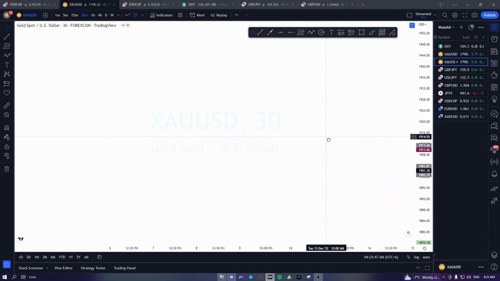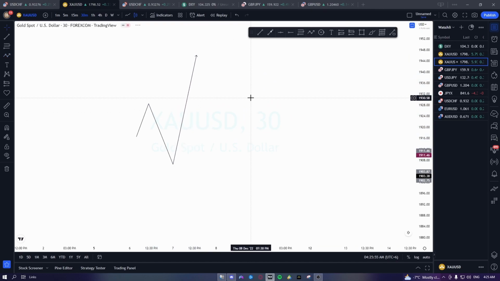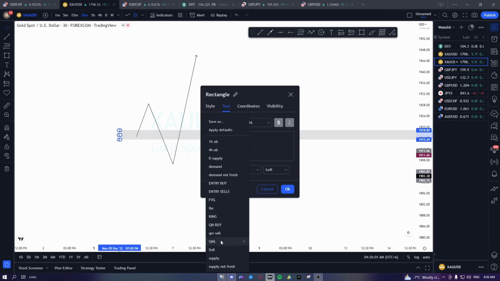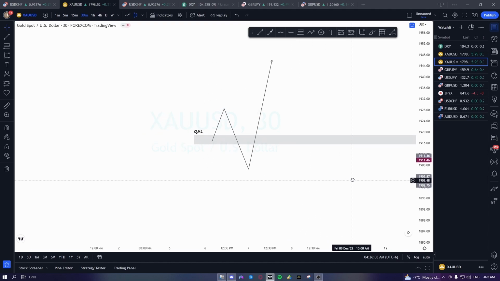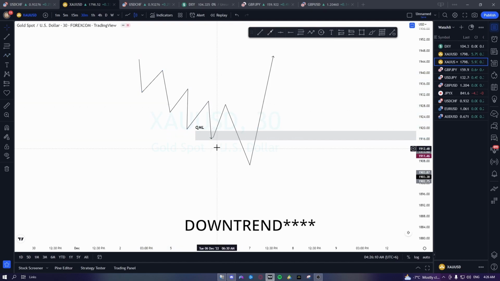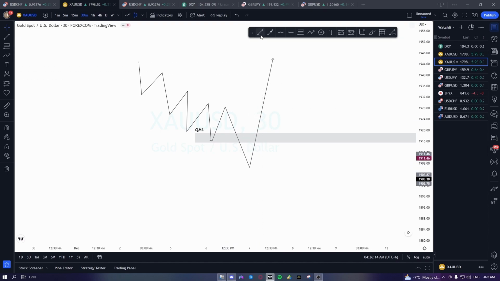For buys, you want to look for low, high, lower low, and then higher high. Where is your entry point? Again, on the left shoulder. This is your QM level. For example, the price is making breaks of structure, going in a downtrend, making constantly lower lows.